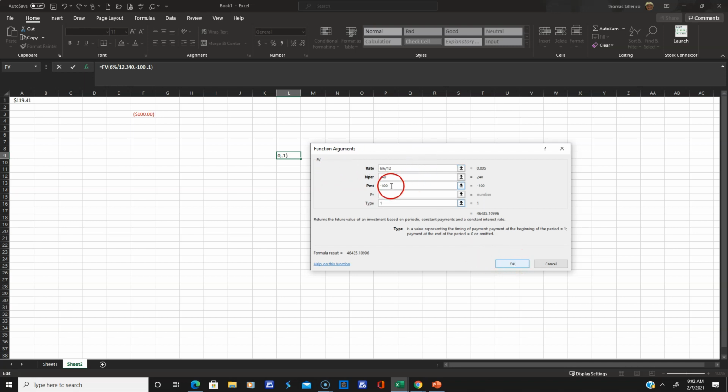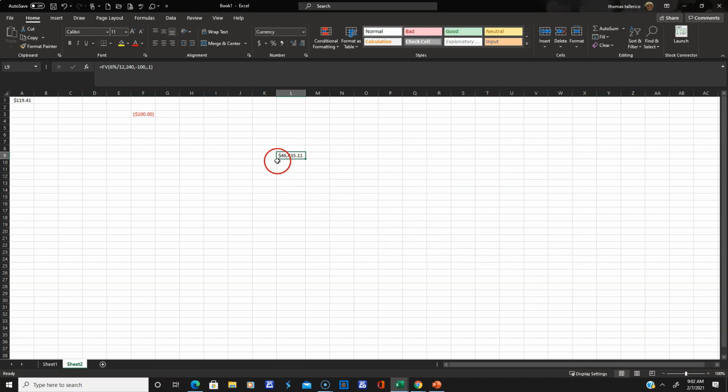So this is for an annuity, and you do the same thing with the present value. So if I just say okay, and again, this is at the beginning of the period, it's a 1. I'll put that there. And here it is. So here's my annuity. And to check it, you can see it's over here.